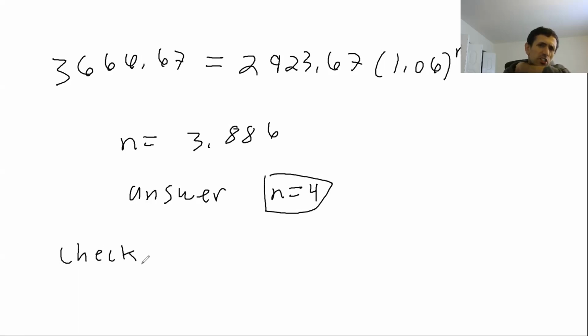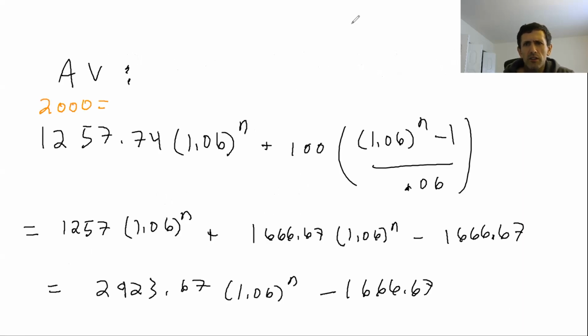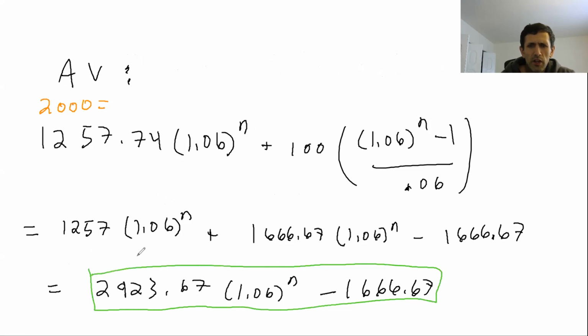Okay, let's check here. What are we even checking? This whole thing here is the accumulated value of the annuity.